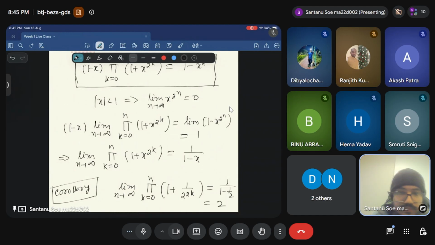This is 2. So you might think in the beginning that the limit is just 1 because of the term going to 0 for each k, right? But you can find out that this limit is 2.